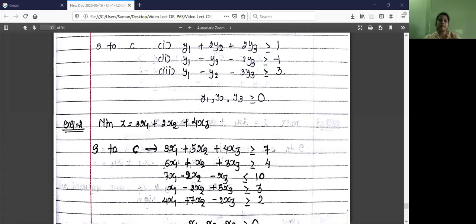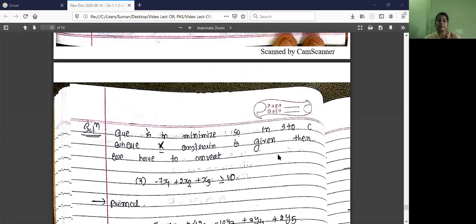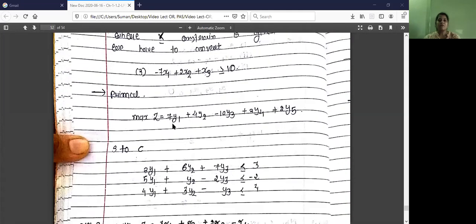But in our dual, we have five constraint equations. See here carefully, we have five constraint equations. Then in the objective function of the primal, we have five decision variables.